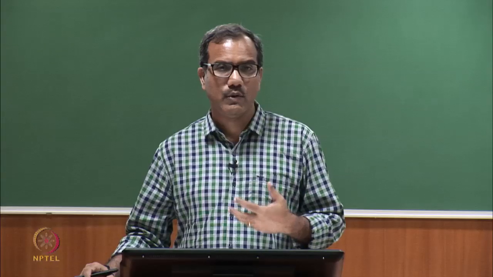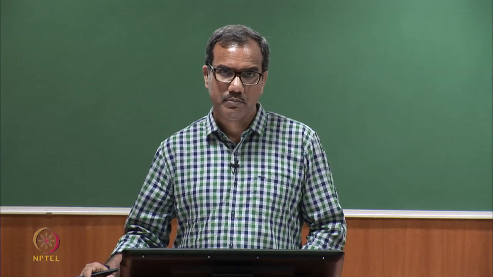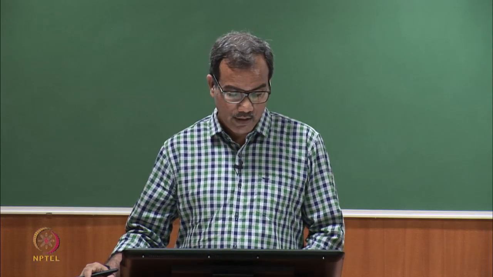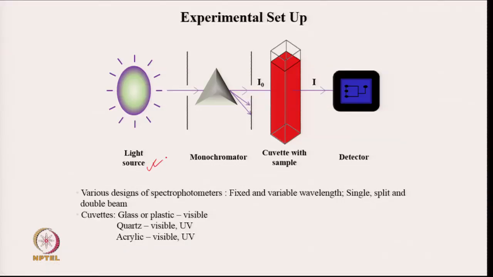Now, we will look at the experimental setup. In the experimental setup, there are two very important components. One is the light source and another is the monochromator. First the light source goes through the monochromator and then it passes through the sample, and the sample absorbs some radiation. The rest of the radiation is detected by a detector.